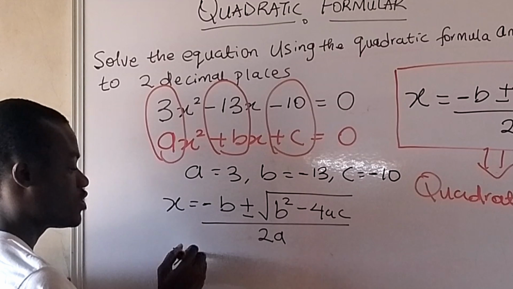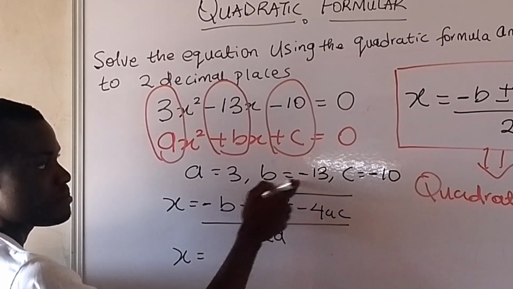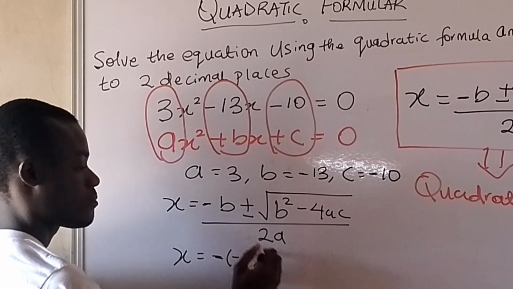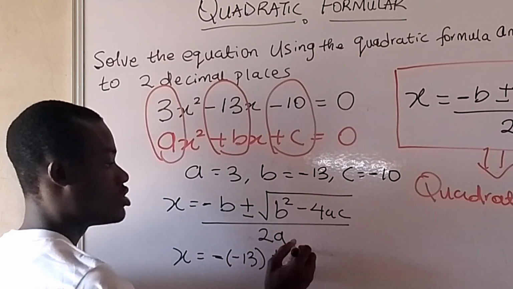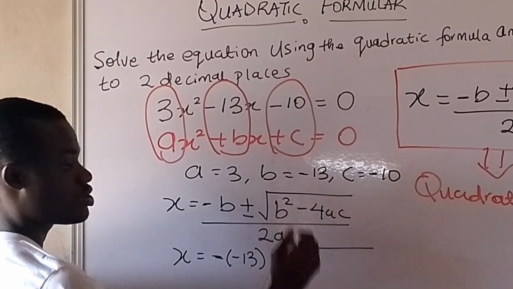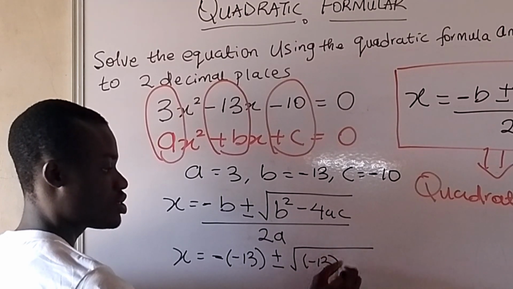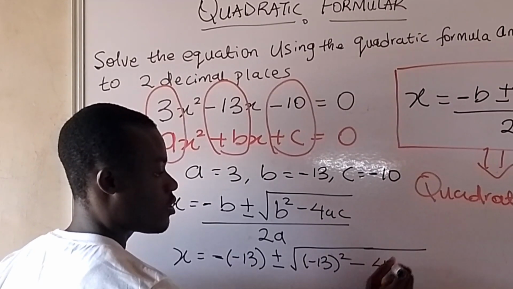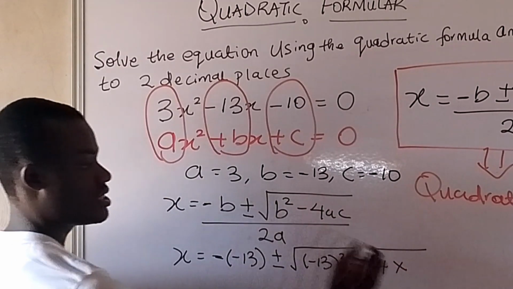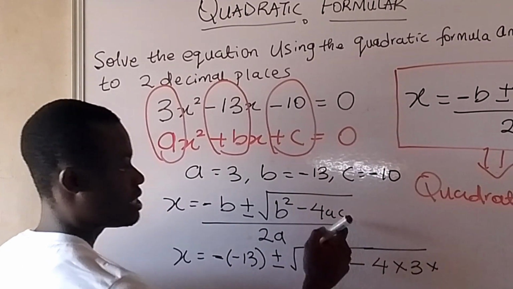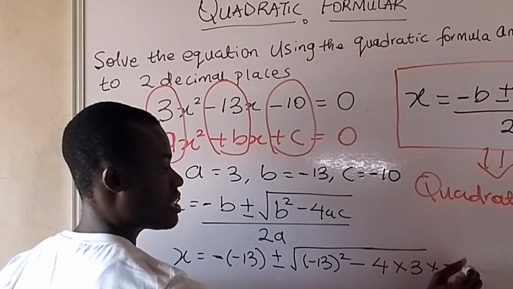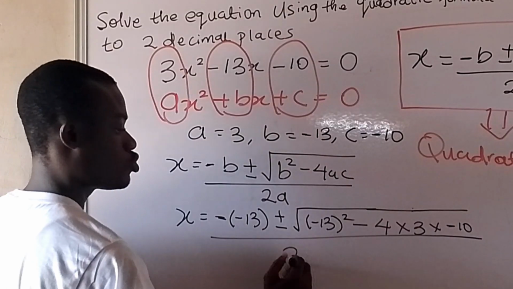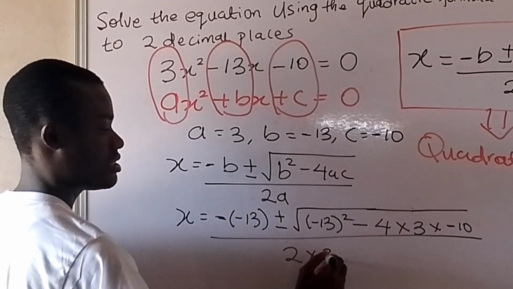So now we are going to use the formula to solve. Our b is minus 13, so minus b is 13, plus or minus the square root of b squared. B is also minus 13, so that's minus 13 squared, minus 4 times a, which is 3, times c, which is minus 10, all over 2 times a, which is 3.